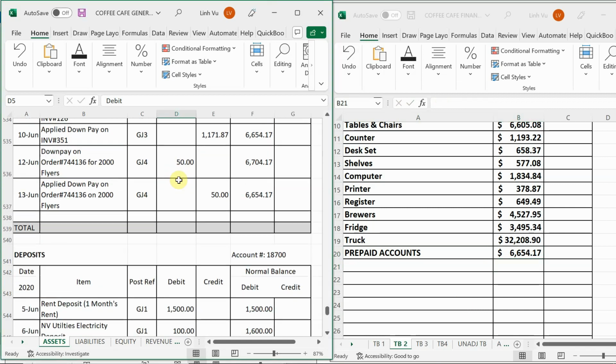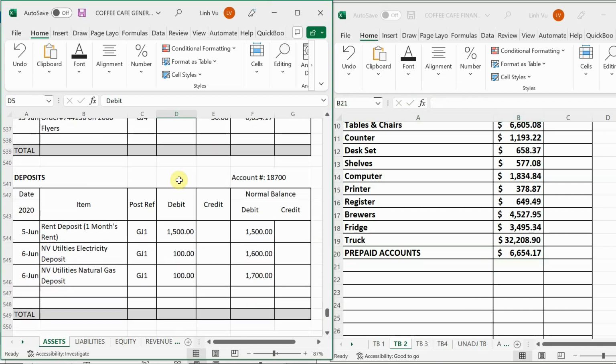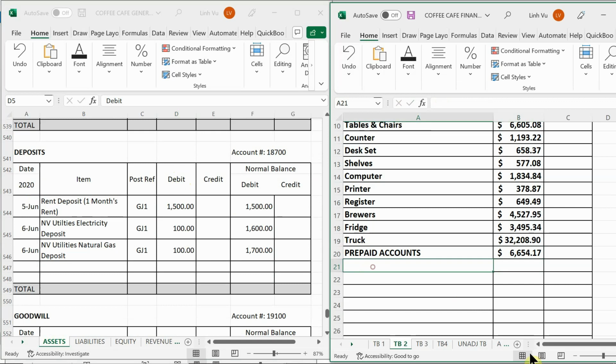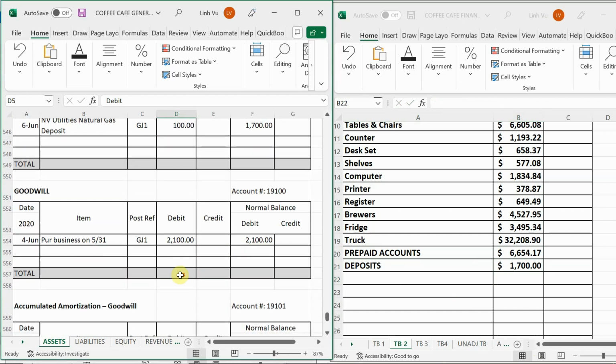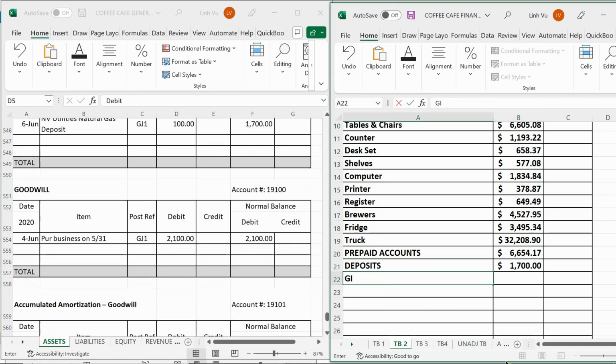Then let's see, we have our deposits for $1,700. That's still the same. Okay. Our goodwill is still the same at $2,100.